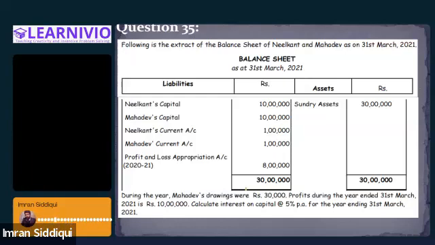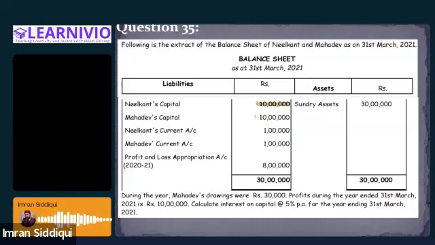Yes, sir. Okay. So what do we need to do? We'll simply calculate interest at the rate of 5% per annum on the capital balance which is given in the question. We don't have to do anything else. Why? Because the balance sheet given is the closing balance sheet, so the capital balance given is also the closing capital balance.